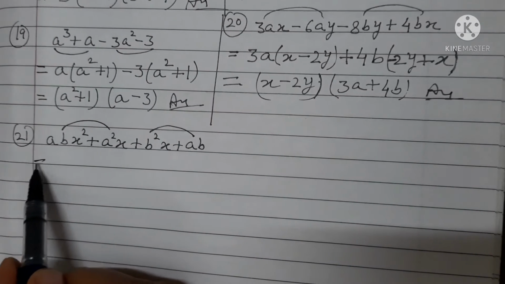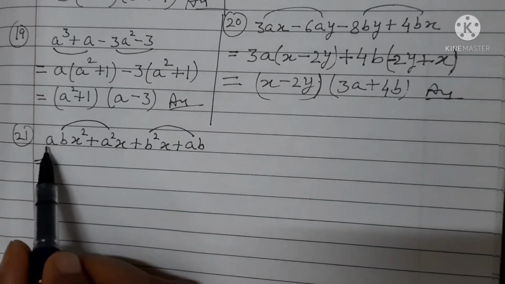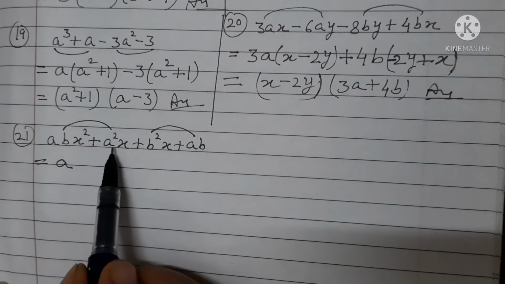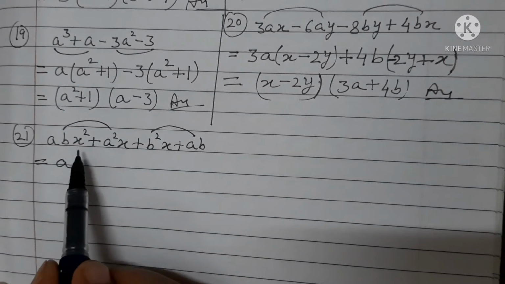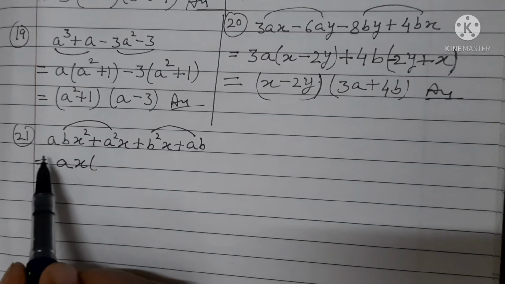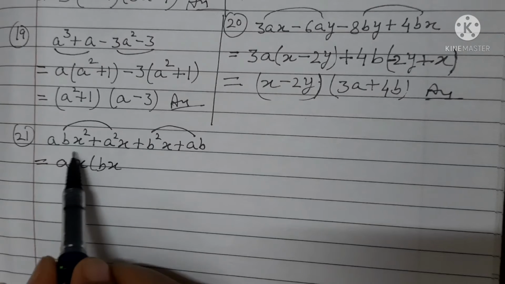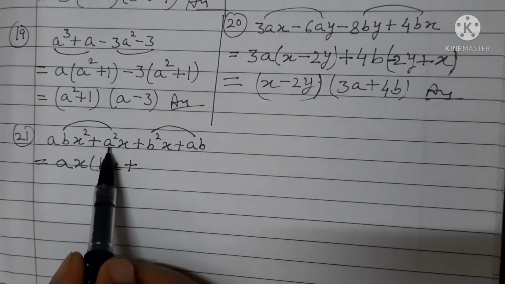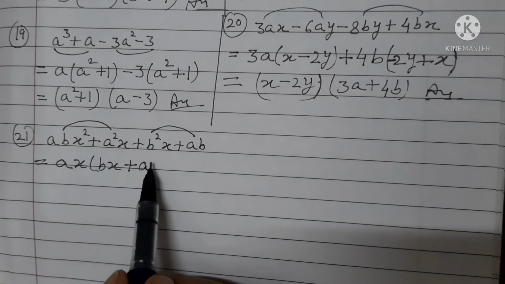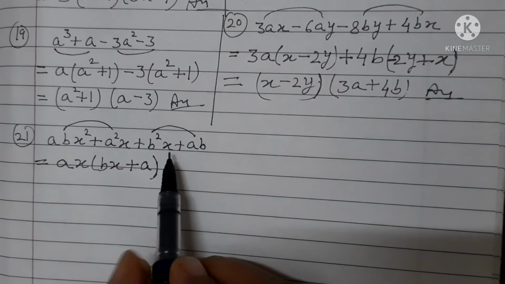Let's see. Here you can take a, because a square here, so a to the power of 1, a you can take common, and b is present here, and here b is not, so b is not common. x square and x, only x you can take common. Now the remaining part is bx plus a. Now see the other terms, what you can take common from them.